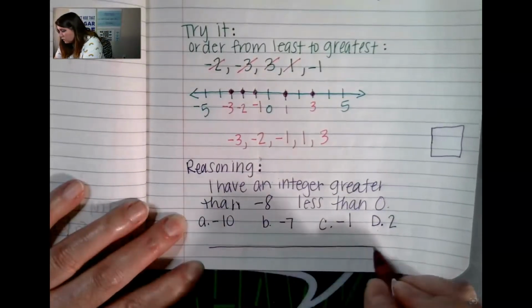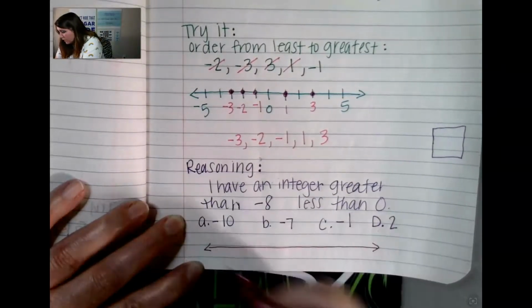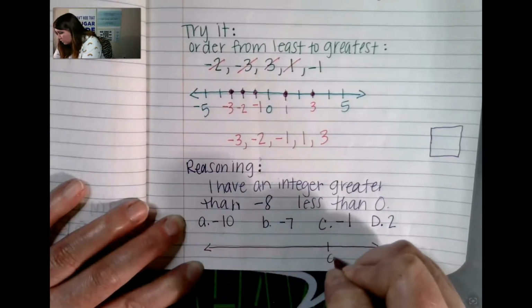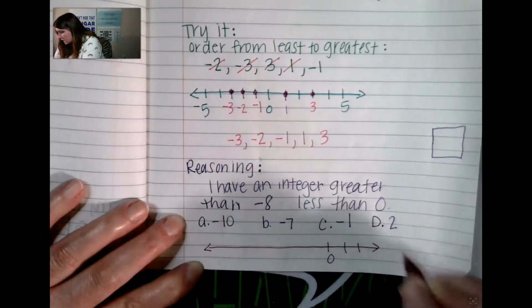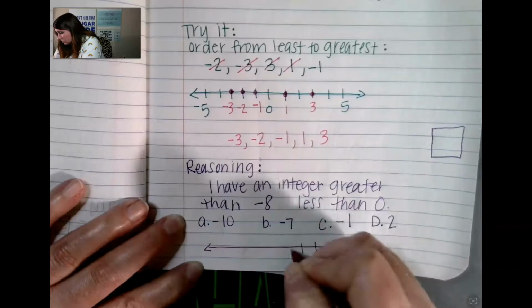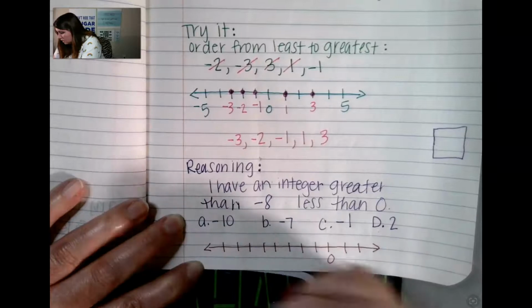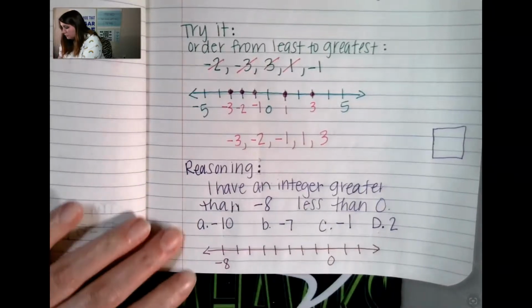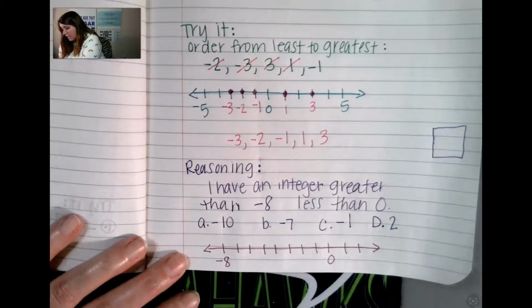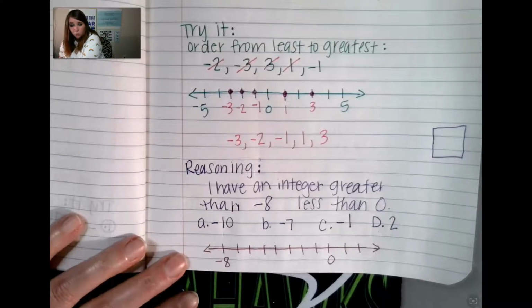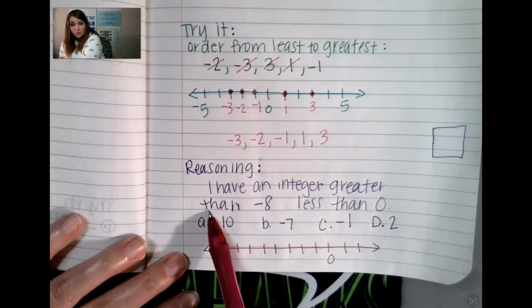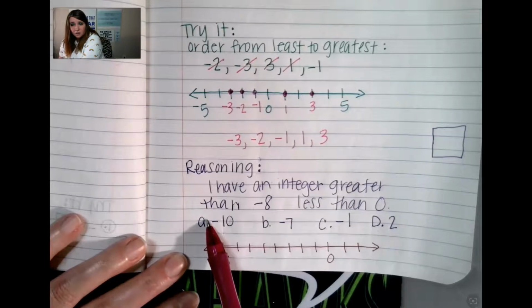All right, so when we fill this out, our number line here, I'm going to put my 0 over here. 1, 2, because I need to at least go to 2. 1, 2, 3, 4, 5, 6, 7, 8. And I need to go to -8. Okay, right away, I know that it's not going to be -10 because it has to be bigger than -8.